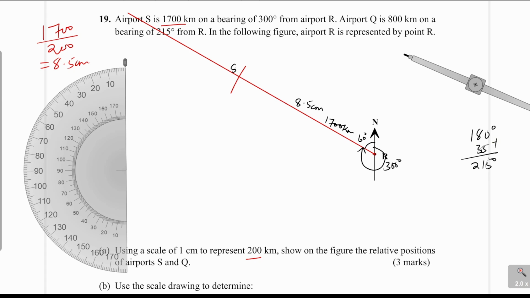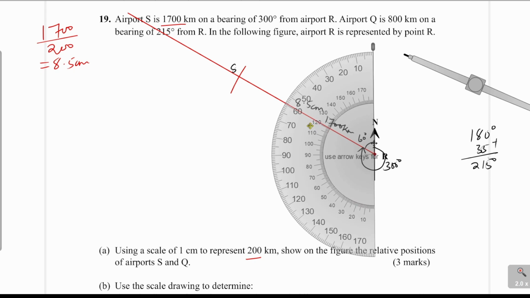So 180, because we are measuring it from R, from the north in a clockwise direction along this straight line, and then we add 35.